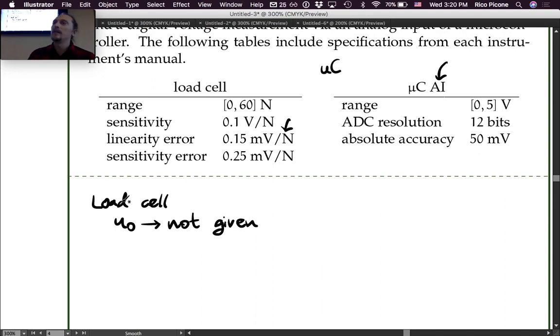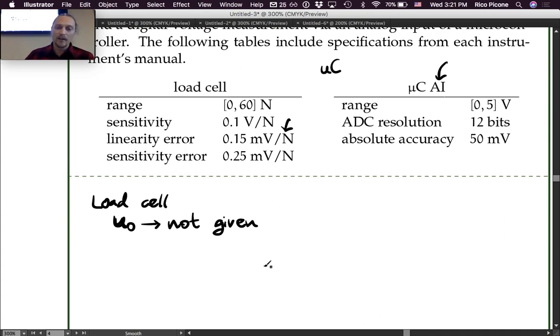We have range, sensitivity, linearity, and sensitivity errors, but we don't have the accuracy, or any readout values like how many digits are given. It's analog, and it doesn't give us any accuracy value. So we just have to ignore it. We just don't have an estimate. It's not that it's necessarily small. Probably it's small if they don't give it and they give this other information, but it's hard to say. But we can still find U design.